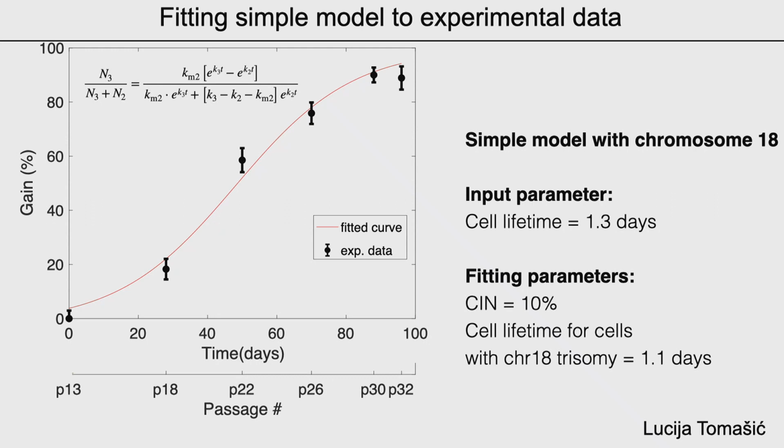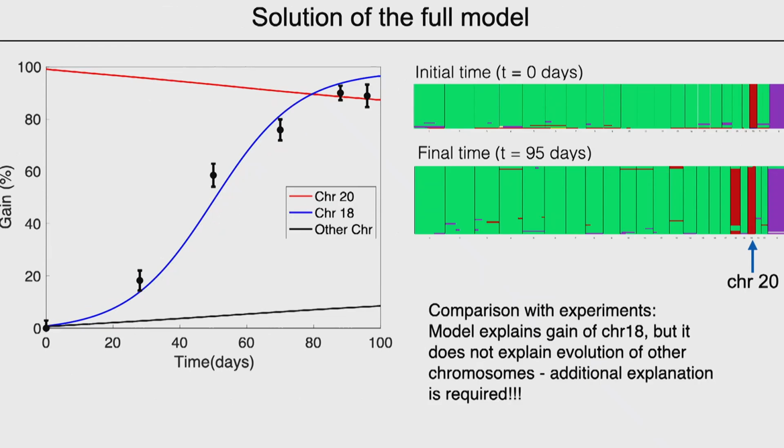The other fitting parameter was this misaggregation rate, and the model wasn't too sensitive to this number, so it is pretty much convincing that the main driving mechanism relies on this faster proliferation of chromosome 18.